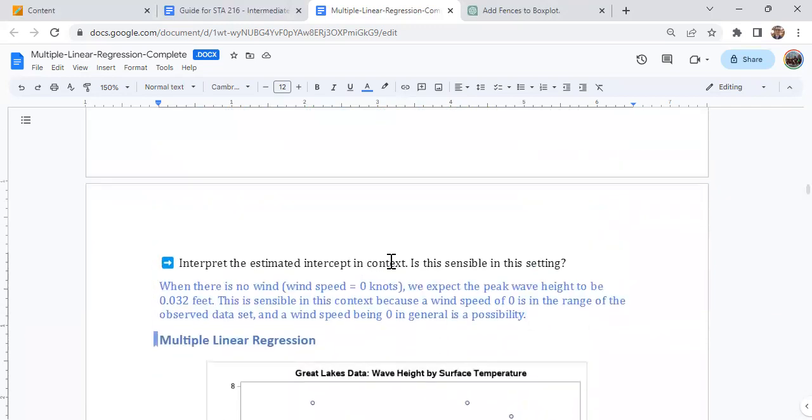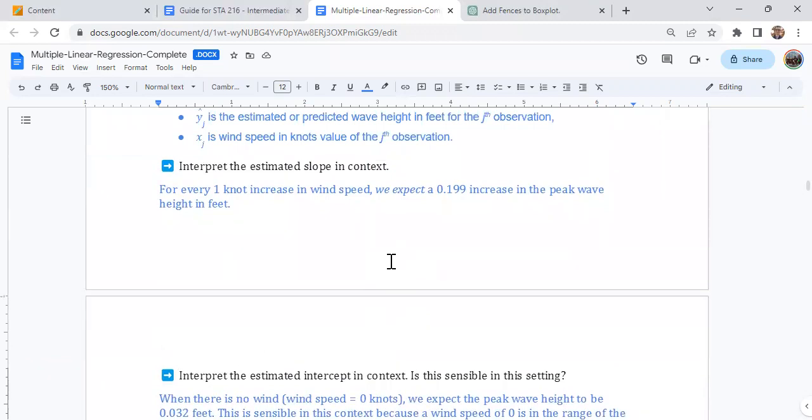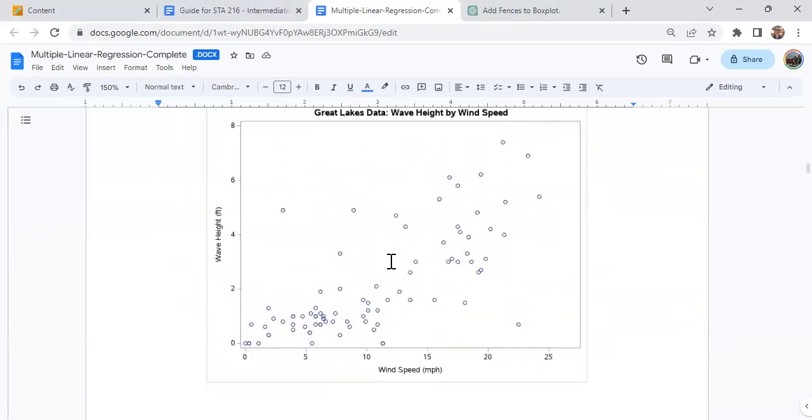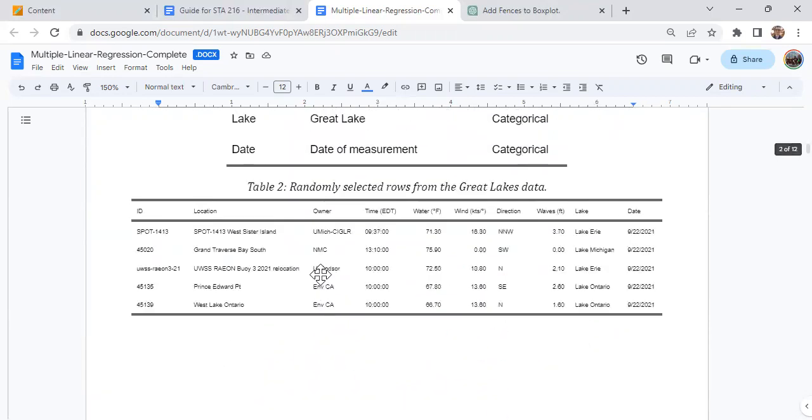Okay, so simple linear regression is a great model, but it only allows us to model the relationship between one predictor variable and one quantitative response variable. Sometimes we have a lot more information at our disposal, right?